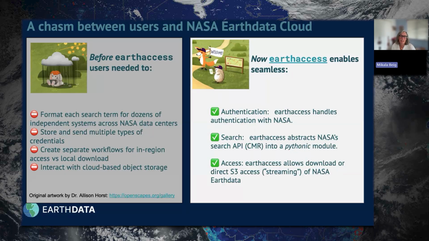You had to understand how to store and send multiple types of credentials, both your Earthdata Login and AWS credentials. You needed separate workflows if you wanted to access data directly in the cloud by streaming it versus downloading it to your local machine. And you had to know a little bit about interacting with cloud-based object storage.